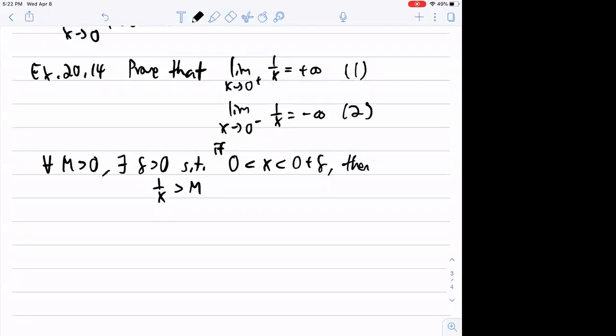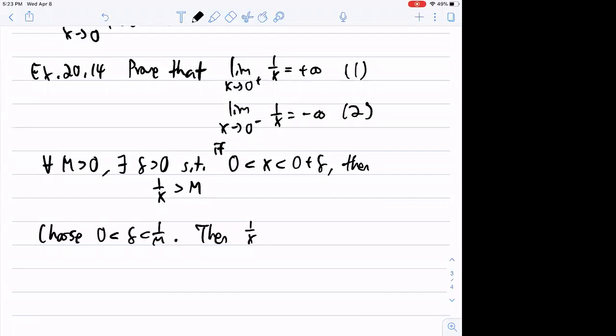So if you want to be not that precise, you just say choose 0 less than delta less than 1 over m. So you could do this, and then 1 over x is what?